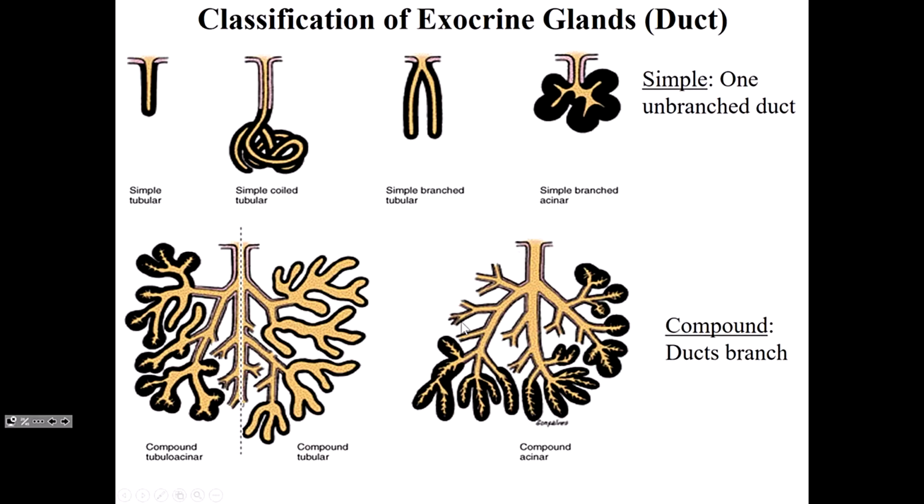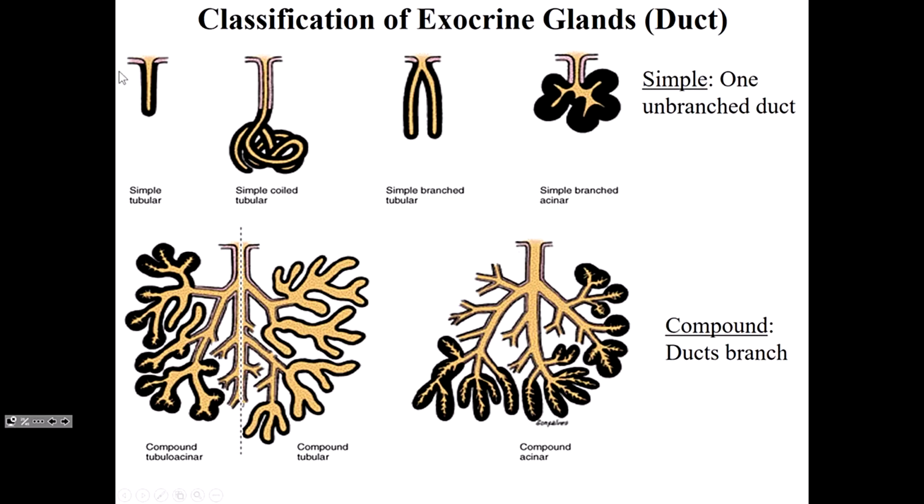So the first way we classify exocrine glands is based upon whether the duct portion is branched or not branched. The duct portion here is in pink. See, pink, pink, pink, pink. If the duct portion is not branched, we say that's a simple gland, okay?